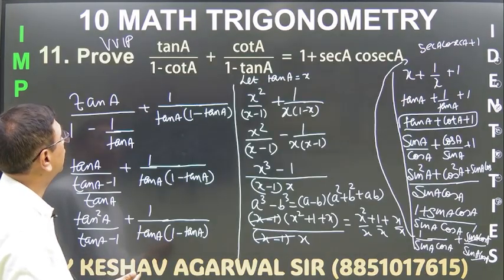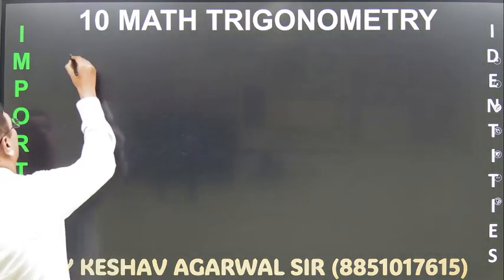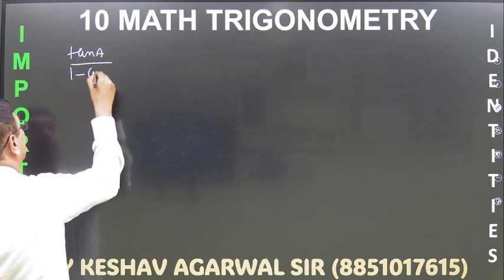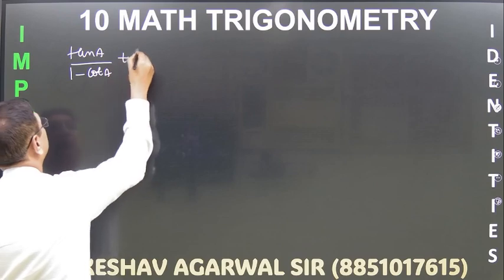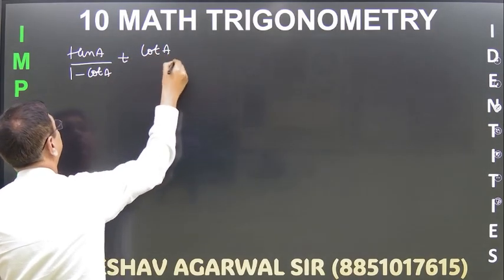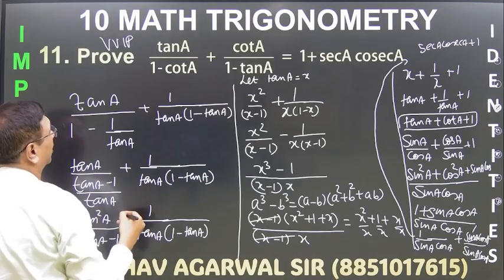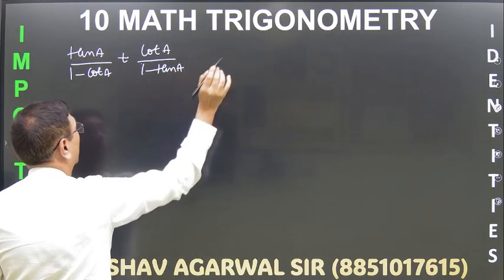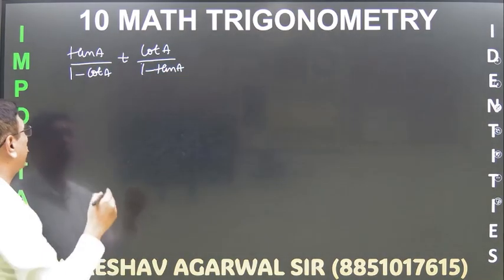Okay, so the question is this: tan a upon 1 minus cot a plus cot a upon 1 minus tan a, equal to what we have to prove. Now let's try going by sin and cos.